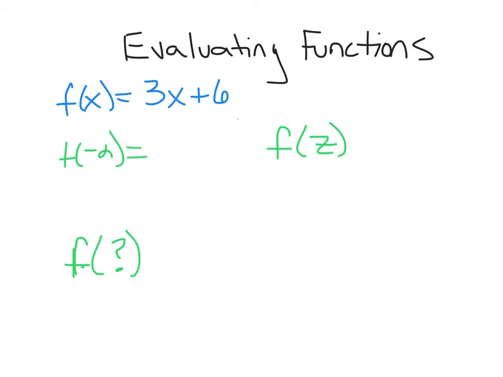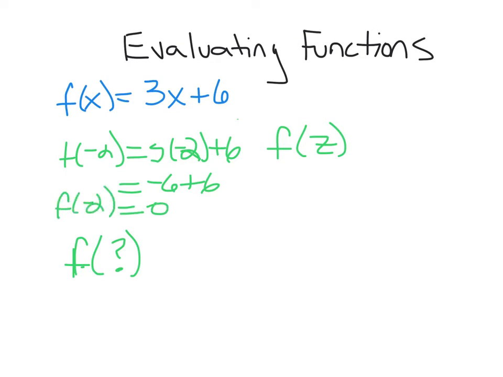So we get 3 times -2 plus 6, and that's -6 plus 6. So again, when x is -2, when our input is -2, our output y is 0.